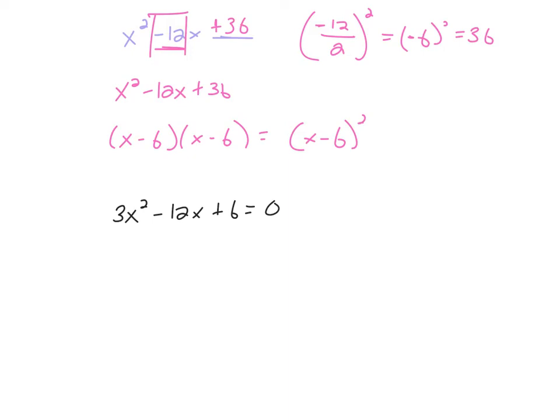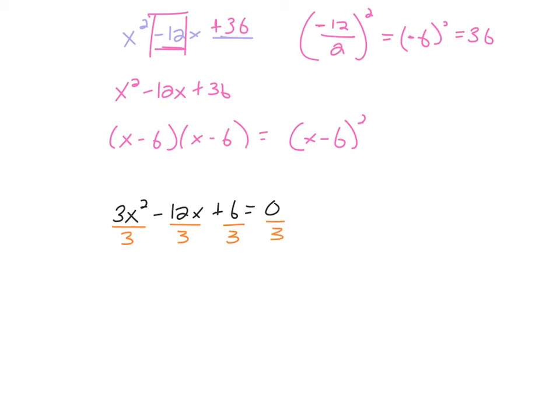First thing I'm going to do on a problem like this is look to see if I have a greatest common factor. In this case, that greatest common factor is 3. I'm going to divide each of these terms by the greatest common factor.